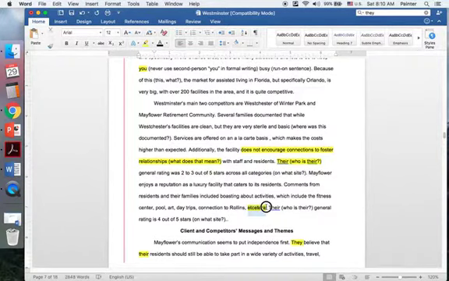It's just not acceptable. "Comments from residents and their families included boasting about activities, which include the fitness center, pool, art, day trips, connection to Rollins, and other activities." You need to put here whatever they might be, but don't use "etc."